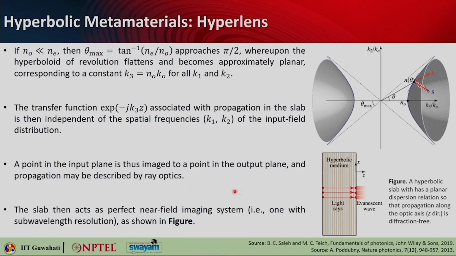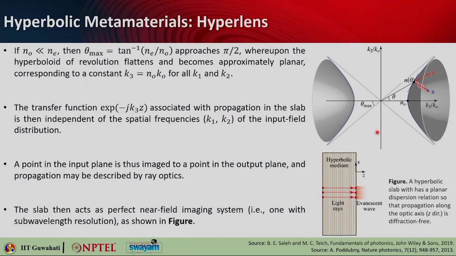So you can actually have sub-wavelength resolution, but because of this hyperbolic medium, you can use ray optics and get this tiny information converted into waves. So this is basically showing a hyperbolic slab with a planar dispersion relation.